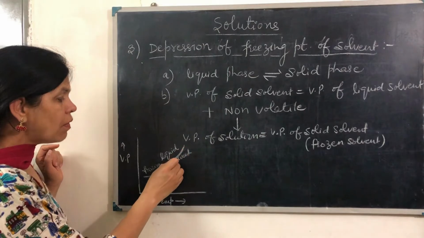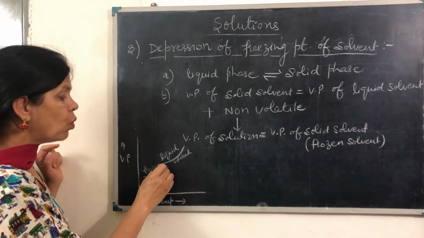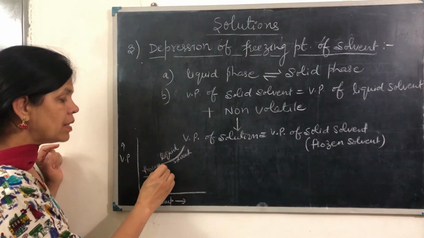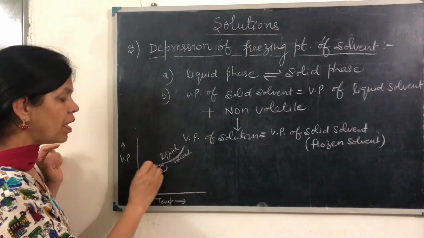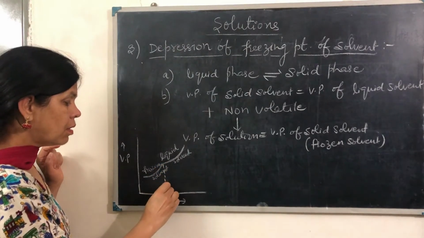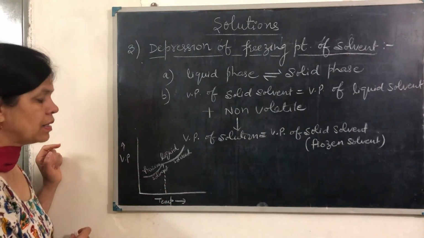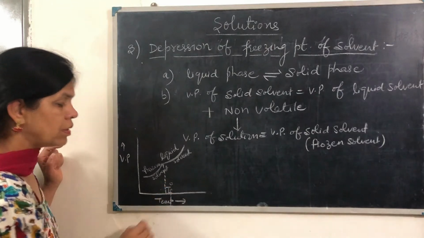This is the liquid solvent and this is the frozen solvent graph, and when the two coexist, their vapor pressures are equal to each other. At this stage, solvent will freeze, and this is written as Tf naught.